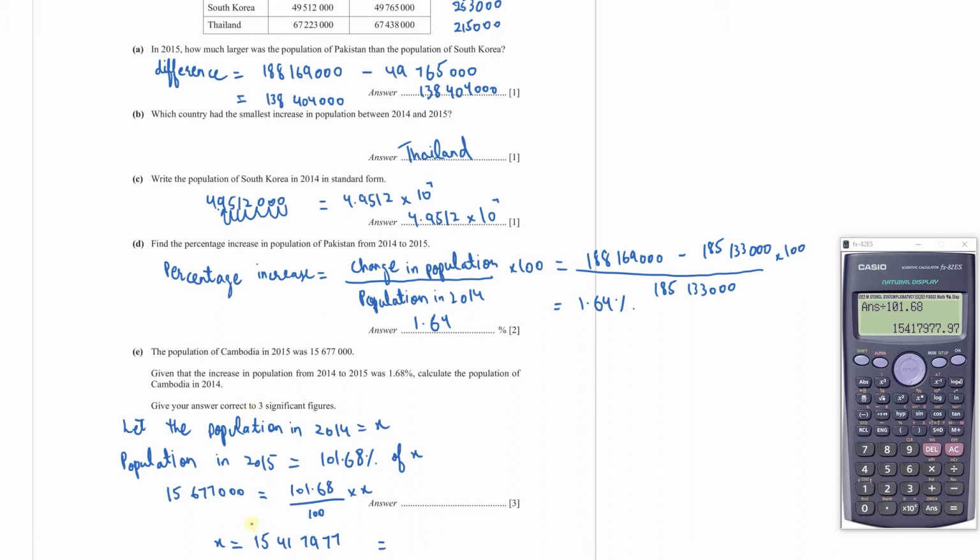So if I start from the left, this is first, second, third. So this is my third significant figure. All the next values will be 0, and since the next digit is 1, the 4 will remain 4. I will not round it up. So this will be 15,400,000, correct to three significant figures.